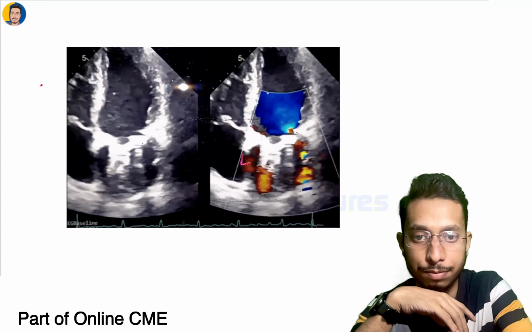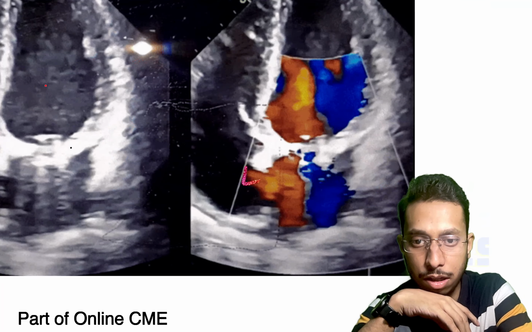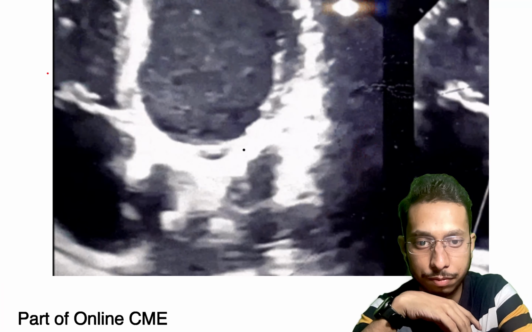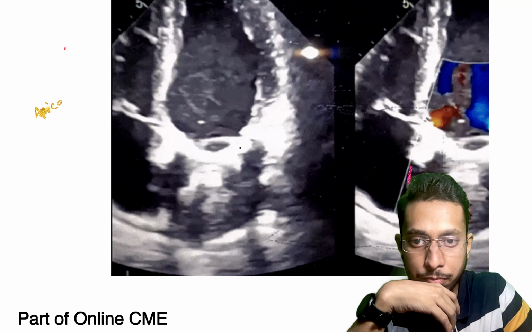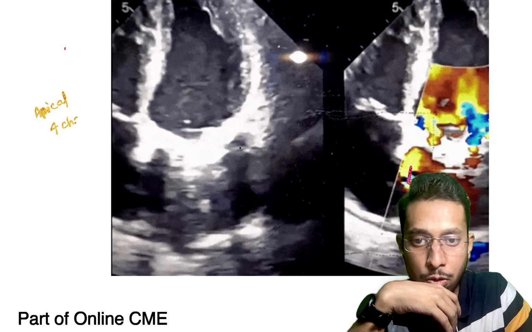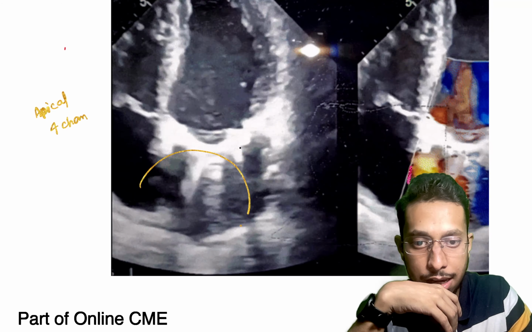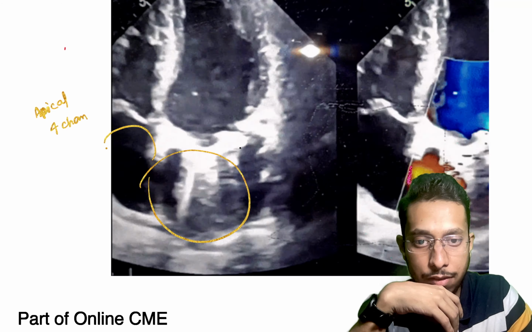What does it reveal? As you can see here, this is an apical 4-chamber view where you can see the LA, RA, LV and RV.